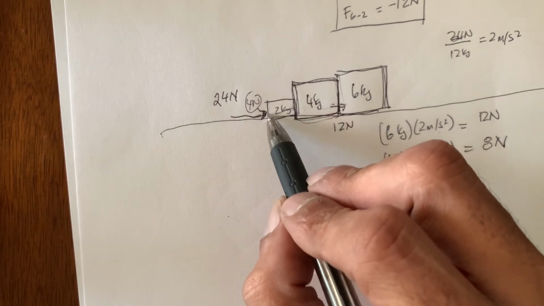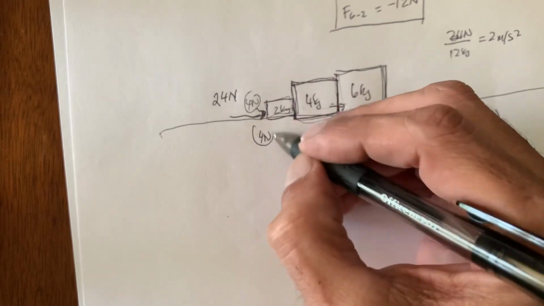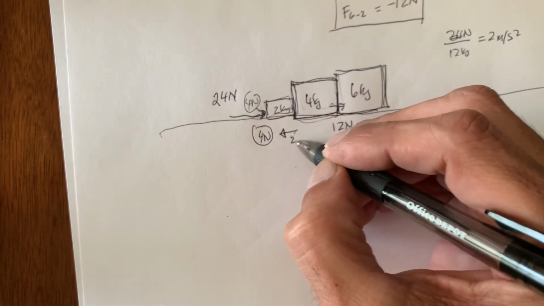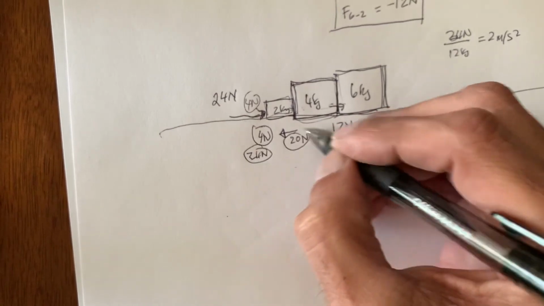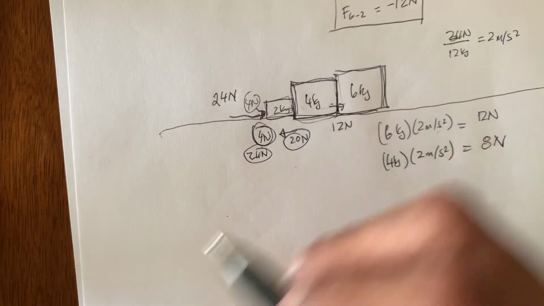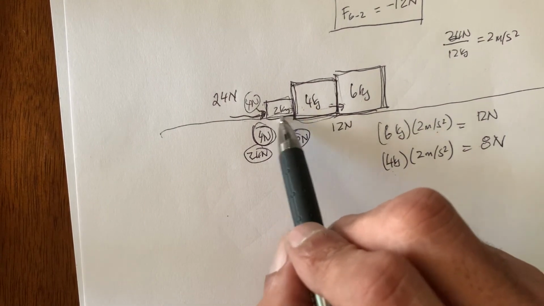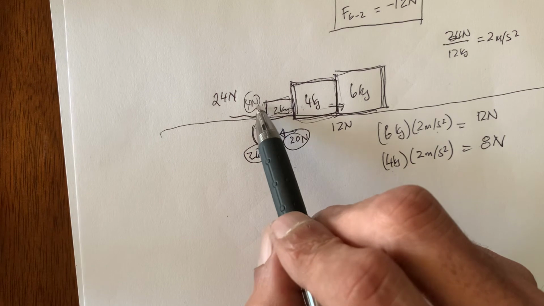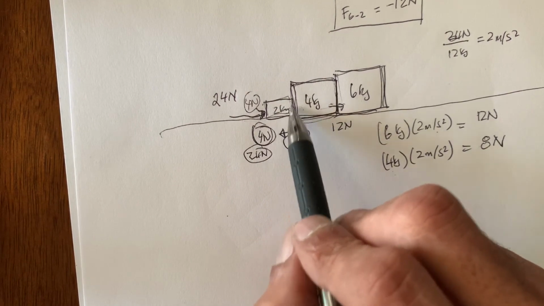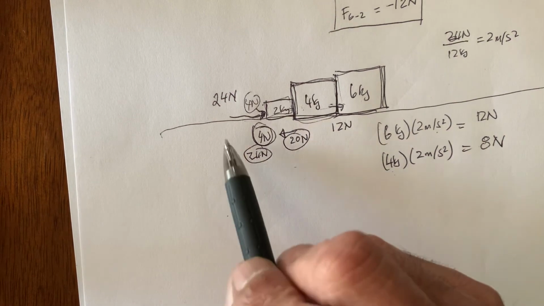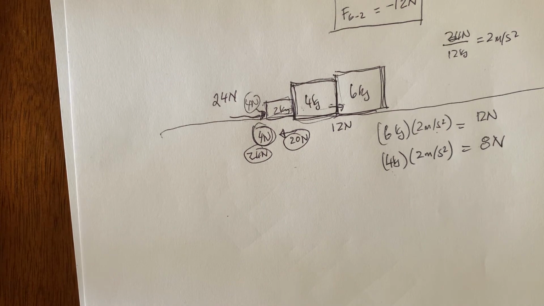You are putting a net force of 4 newtons on him because you have 20 newtons coming back from there and 24 newtons from here, hence giving you that 4 newtons. It's not intuitively clear how 24 newtons can be applied and the result is 4 newtons. Well, 24 newtons is your applied force, but 4 newtons is the net force. That tells you there must be a 20 newton force coming in from the other side.